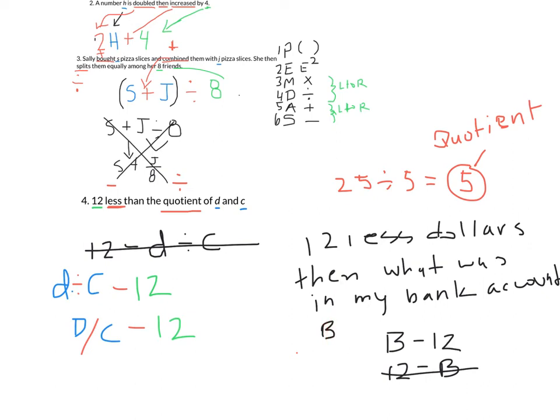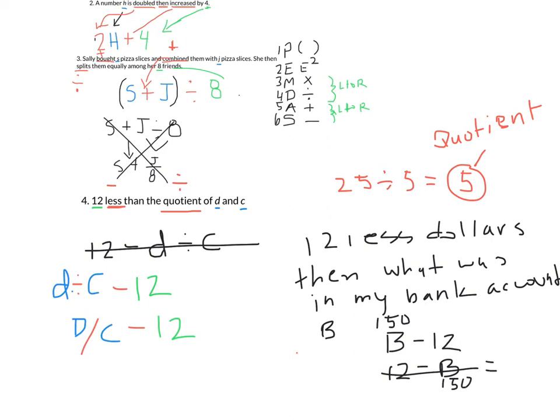Let's say I have $150 in my bank account. Well, now I'm taking 150 away. So let's say that B represents 150. That's how much I have in my bank, $150. We can take 12 away from 150. But if we try to take 150 away from 12, we're going to end up in the negatives.